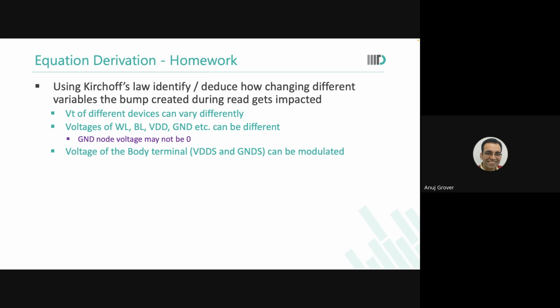In the noise curve we just saw, we said the total shift from zero is the maximum noise margin I have, the maximum noise I can induce. Now, when the word line is turned on, there will be some current flowing here. And for any current to flow, this node will have to rise.